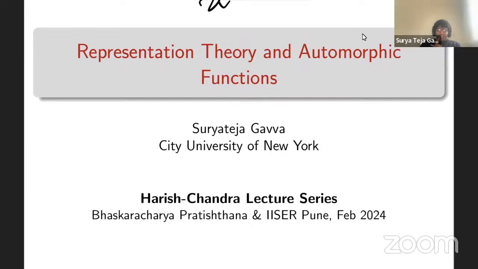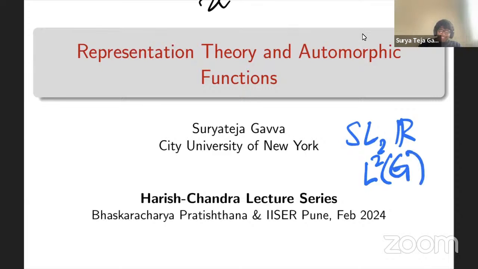So the plan is, I guess in the previous lectures you've been looking at the representations of SL2(R), and in general giving a description of the irreducible representations, trying to decompose the space of functions on G, for instance.